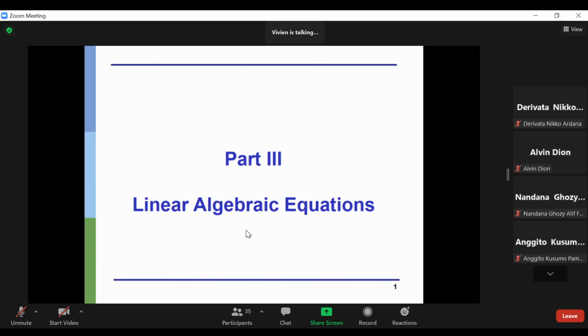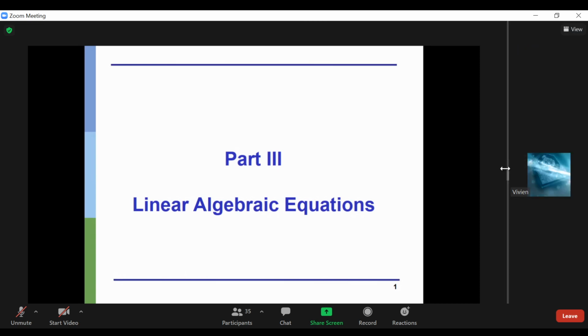Okay, so we have learned about roots of equations, and you have some assignment about finding the roots of equations using four methods. Yeah, four methods that we have learned before.